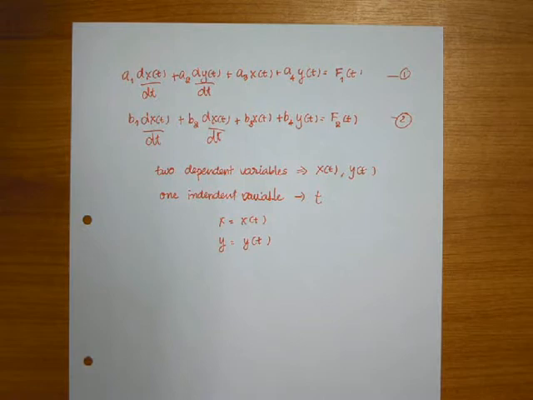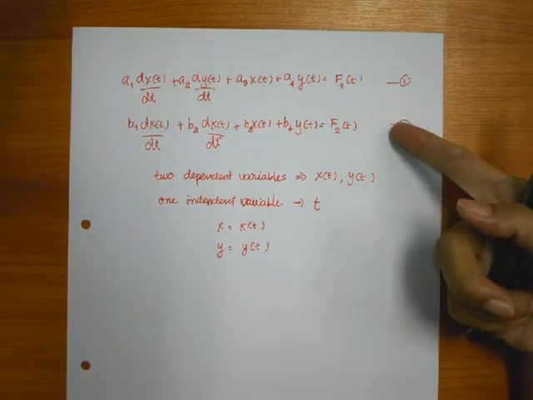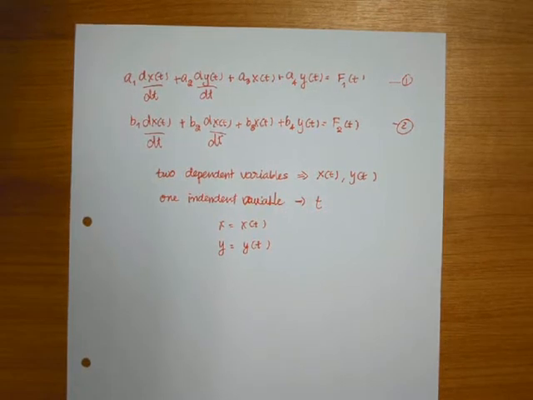It's called a non-homogeneous differential equation, right? But it's coming as a system. A1, A2, A3, A4, B1, B2, B3, B4 are constants. It's not a function of t, it's a constant.